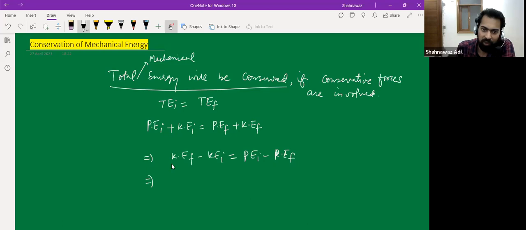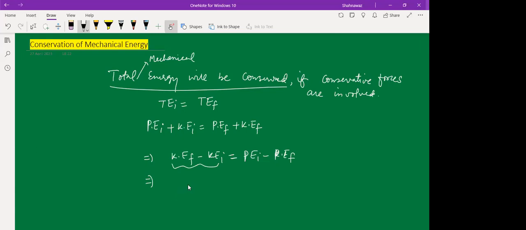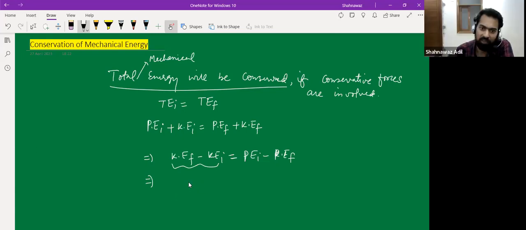And what is this, guys? Tanya, what is this? Work done. Yes. So from the work energy theorem, we know that this is work done. Right. And this we can write as U final minus U initial.